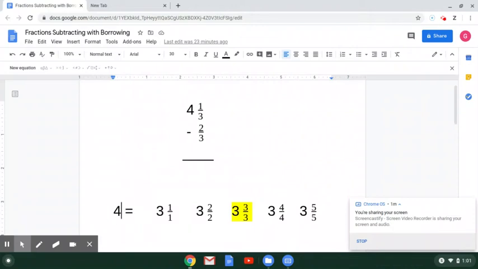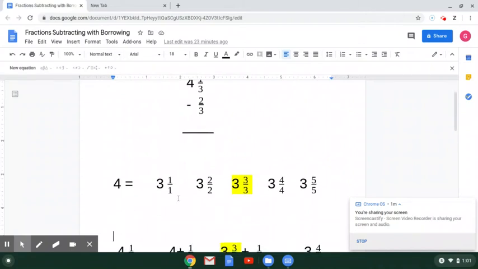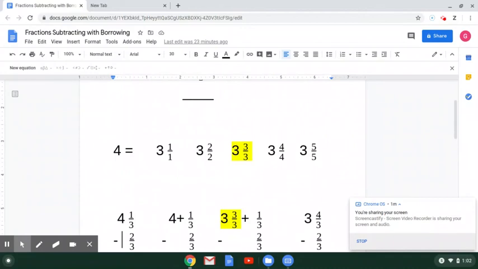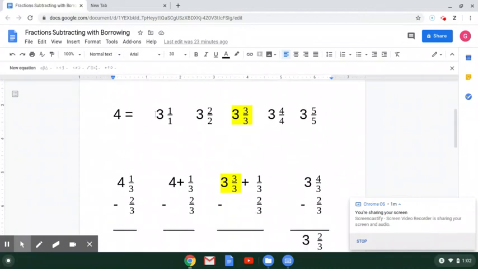We're going to pick 3 and 3/3 because the denominator here is the same as the denominator in our problem, and we want to work with thirds. So here was the problem again, originally 4 and 1/3 minus 2/3.